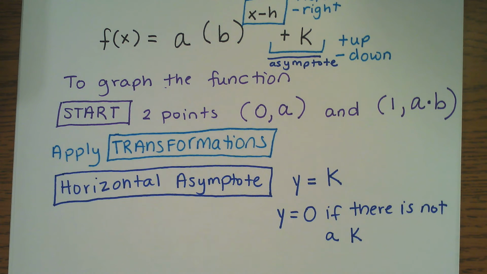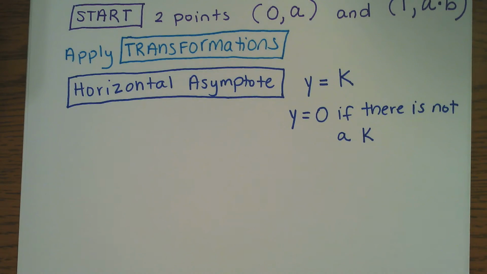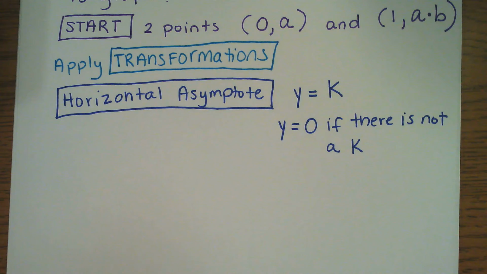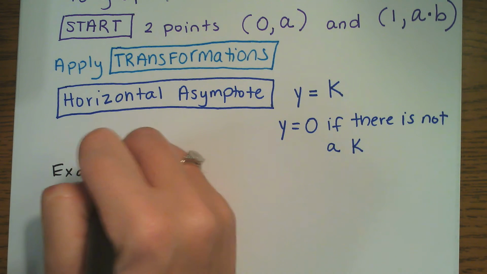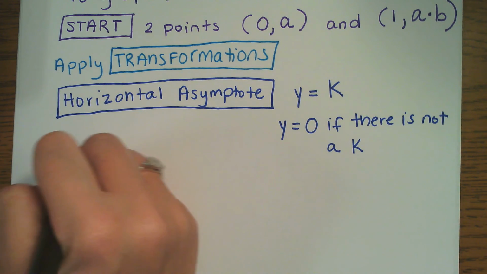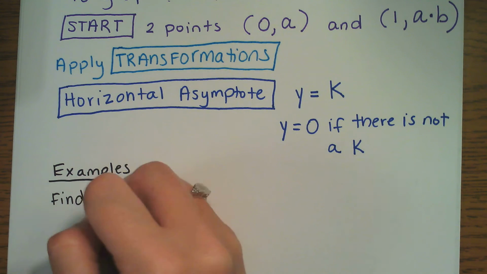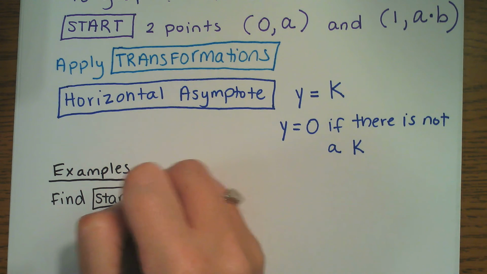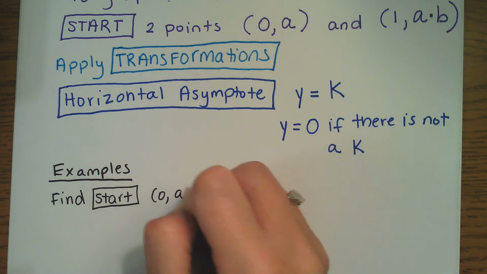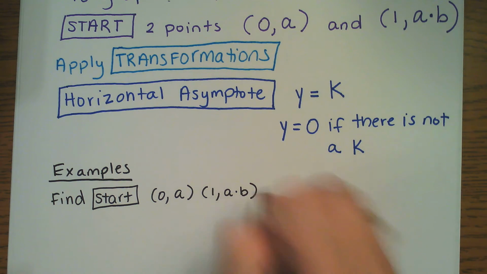All right, so we're going to look at a couple of examples. We're going to find the start: 0, a and 1, a times b.